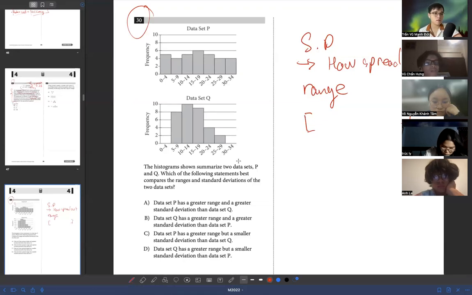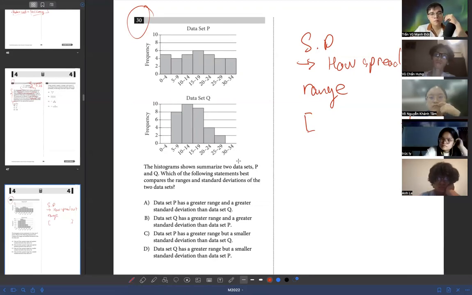The range and the standard deviation. Can you tell me the range of P? What's the range of P? 30.